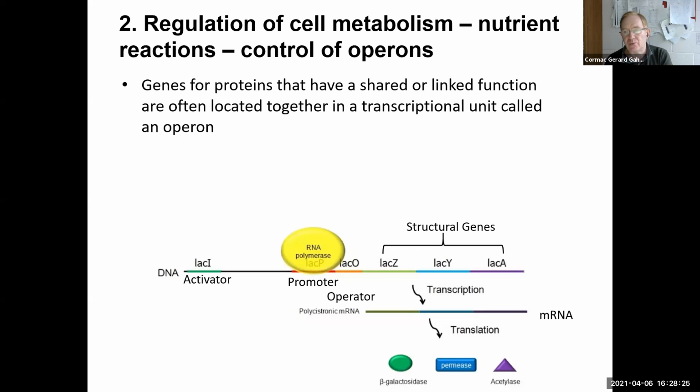The people who worked out this system in the 1950s at the Pasteur Institute in France were awarded the Nobel Prize for this discovery. So Monod and co-workers. All microbiology students tend to learn this because it's early in the history of microbiology, the history of biochemistry, these concepts.